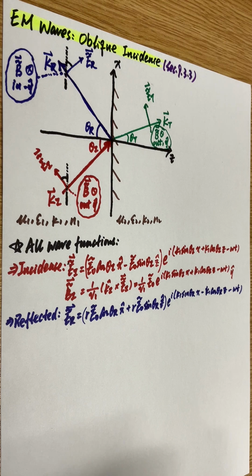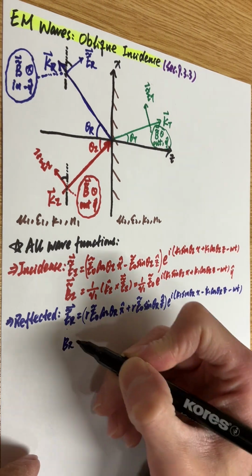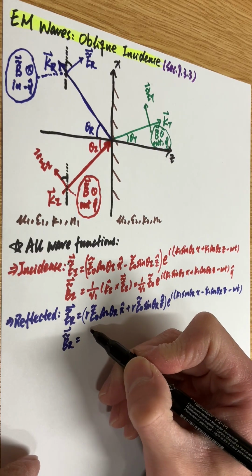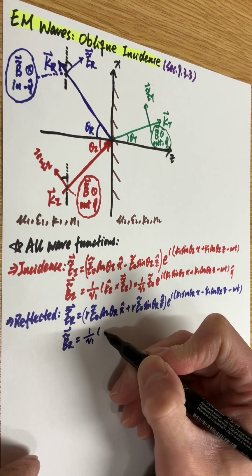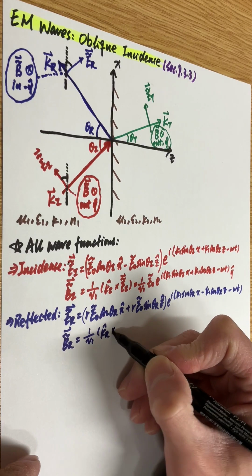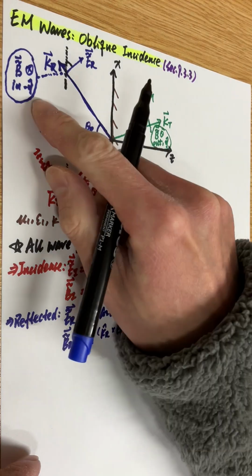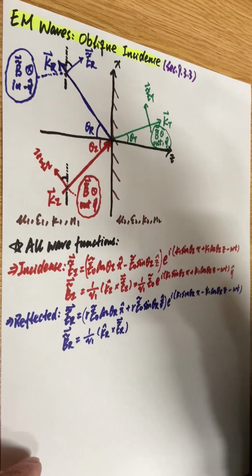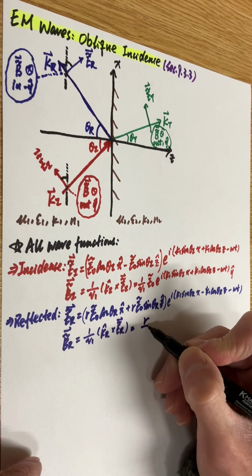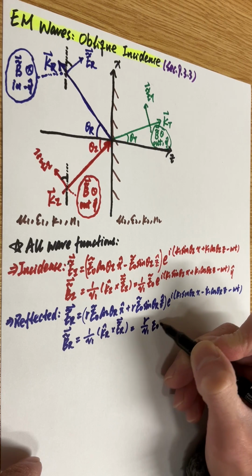Okay. So now the B field is always very easy after you finish the electric field. So this is 1 divided by V1, and then kappa r direction cross ER. We know this direction would be minus y direction. So we have r divided by V1, and then E0.